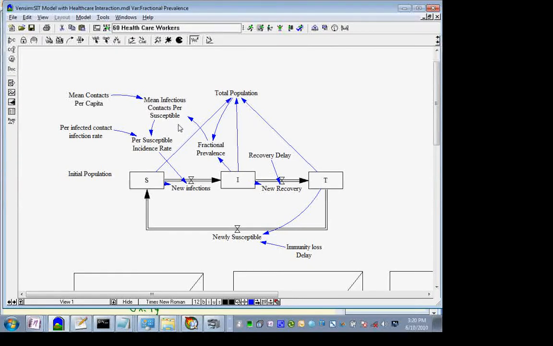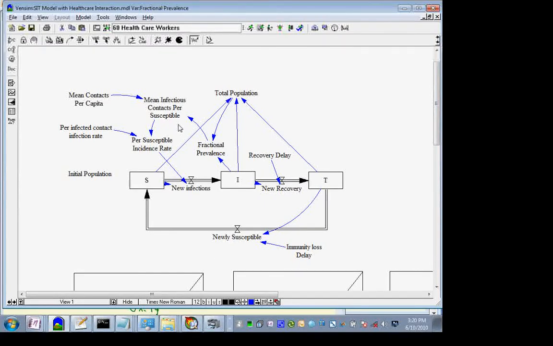So we know that this has to depend on time. The value's going to be different. Does it depend on how we measure people? This is contacts per capita. It's person per person.